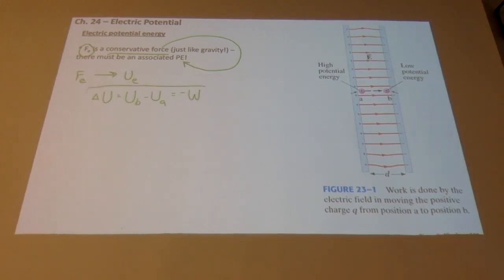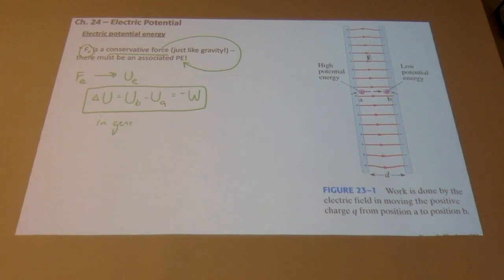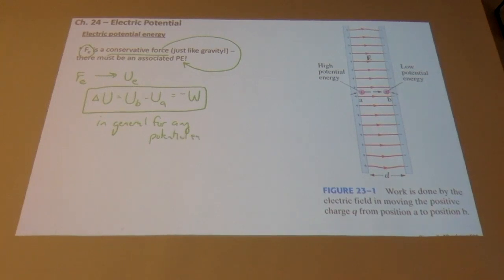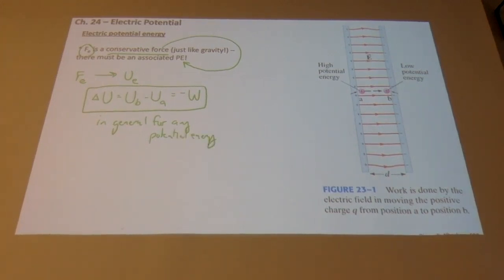This is like an equation you should have seen last semester. This is just in general for any potential energy. And we can use that equation and get some new stuff dealing with the electric force and the electric potential energy relatively quickly.